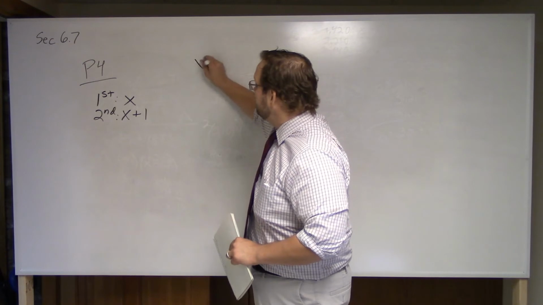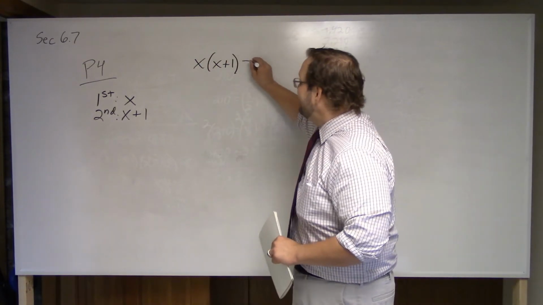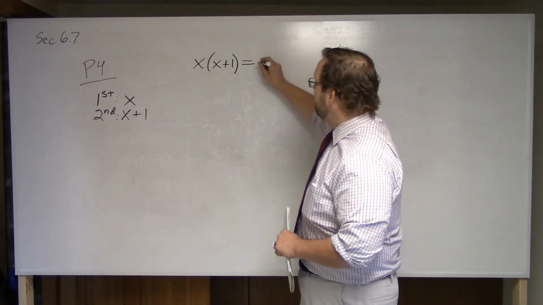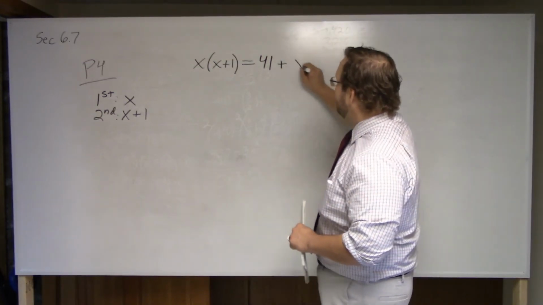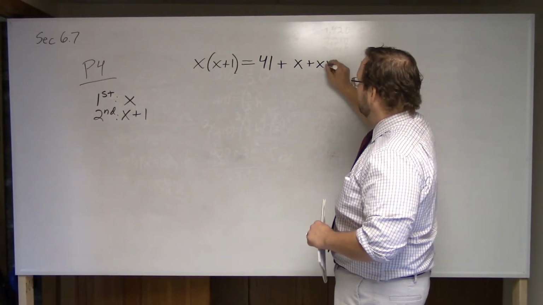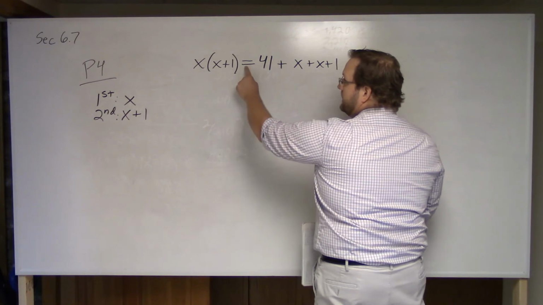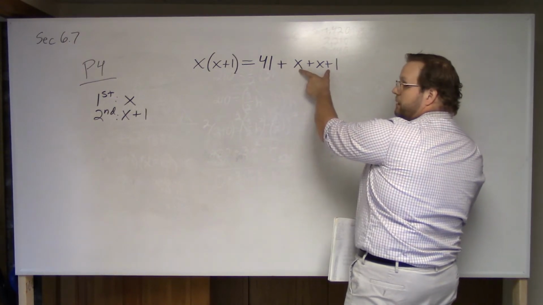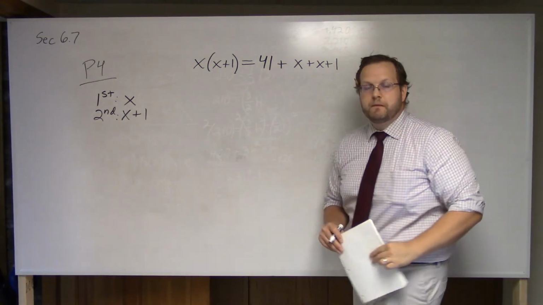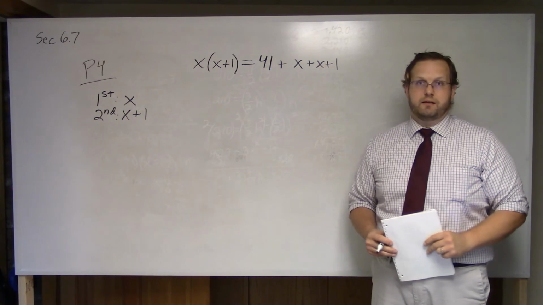If I multiply those, that is 41 more than when I add them. The product of those is 41 more than the sum when I add them up. The word problem portion is done. Now we just have to solve that thing.